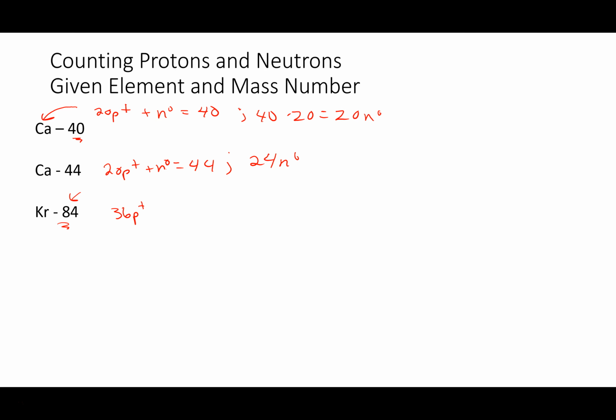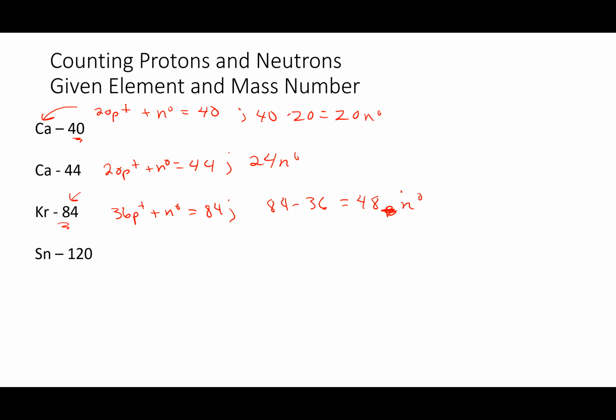Based upon this, 36 protons and 84 is protons plus neutrons, how many neutrons does it have? You subtract. 48. 48 neutrons. Very good. You got it.